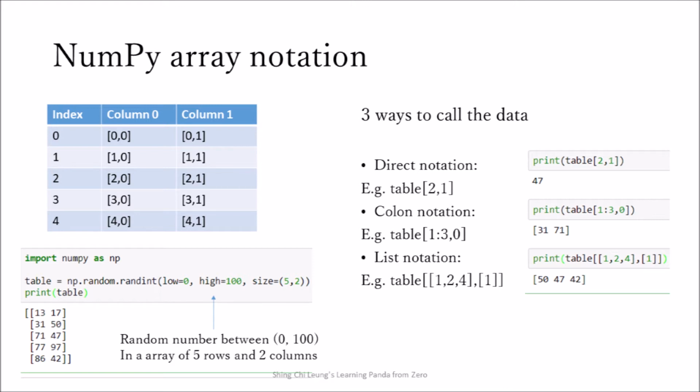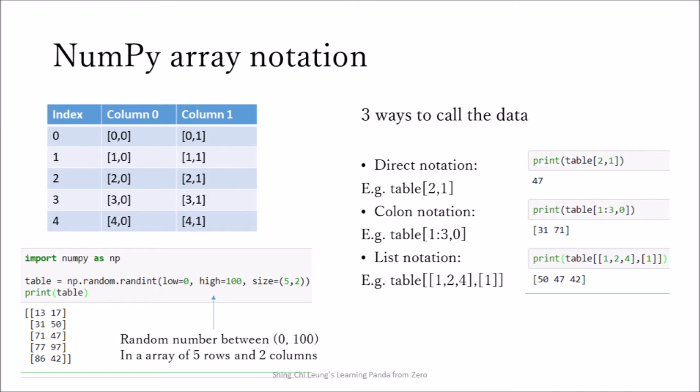The first index corresponds to the row, and the second index corresponds to the column. In the table, I illustrated the position of each cell. For illustration purposes, let's create a random integer array. I like to use this kind of array because it will really help us to distinguish the rows and columns clearly for demonstration. Here I use a standard function randint to create a 5x2 array.